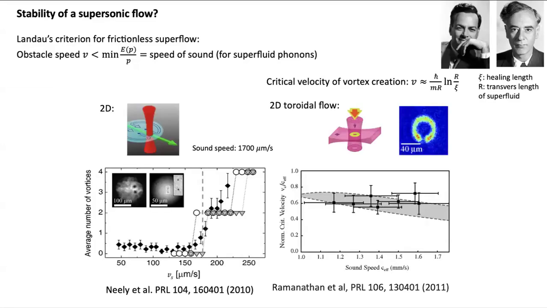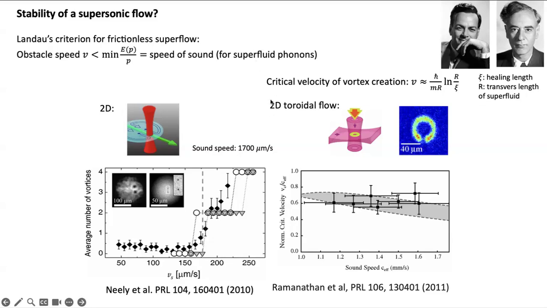And there are people who try to study this criterion. They take a single beam and drag it across a two-dimensional superfluid. Then they can see vortices being generated, not just phonons, vortices. And they found that the critical velocity is way smaller than the speed of sound.